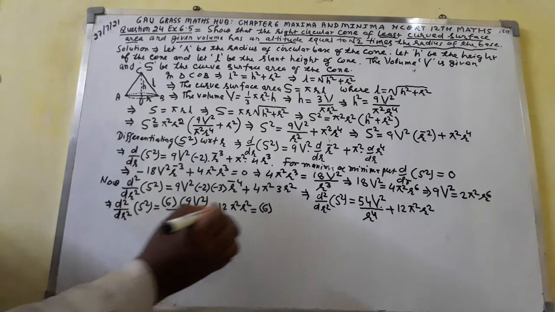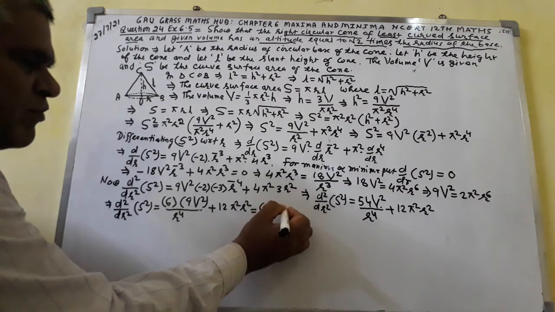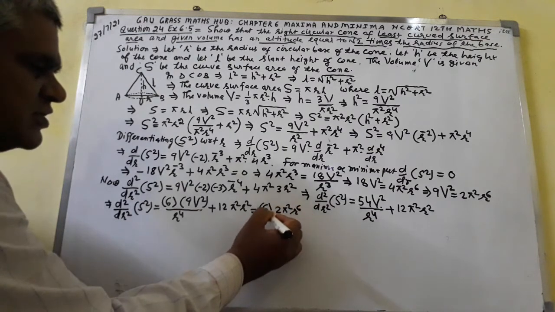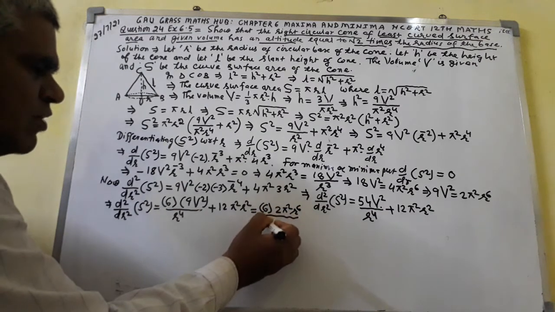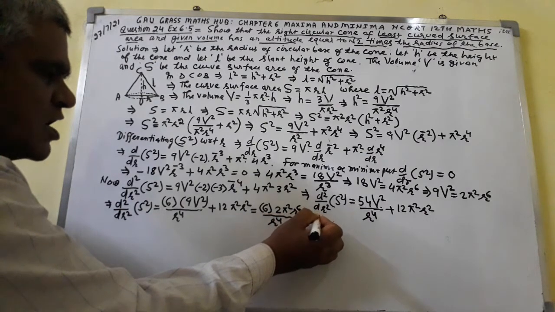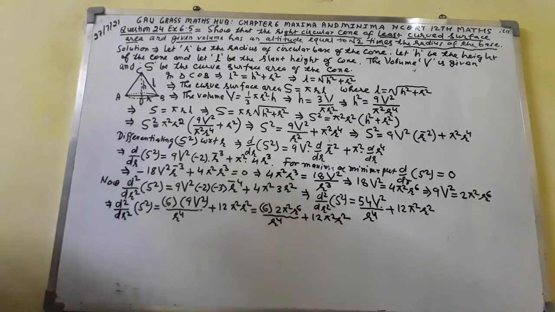So here I shall write 2 pi square r raised to the power 6 over r raised to the power 4 plus 12 pi square r square. This thing we have got.